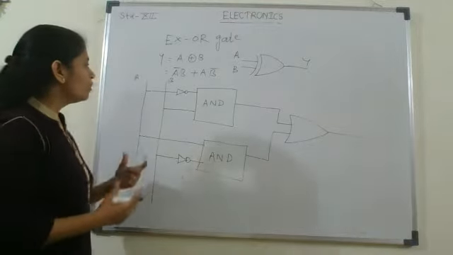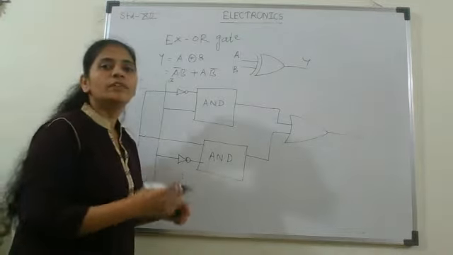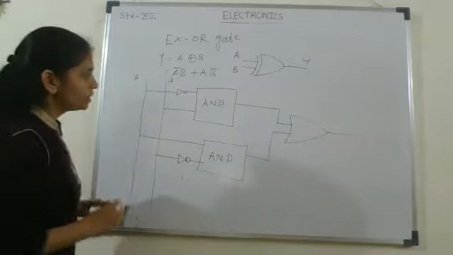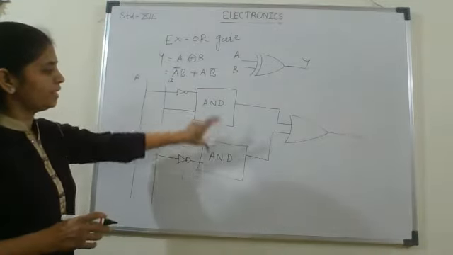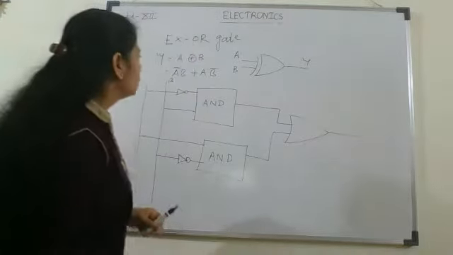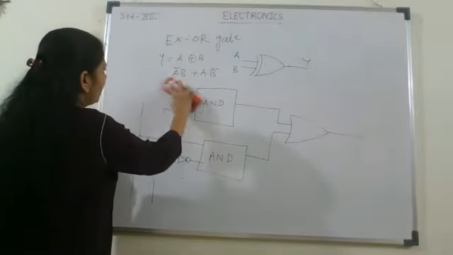But we want to draw this diagram with the help of a universal gate. So we'll draw the diagram. Here what do we want? We want a NOT gate, AND gate, AND gate and an OR gate. So first we'll draw the diagram using NAND gate.